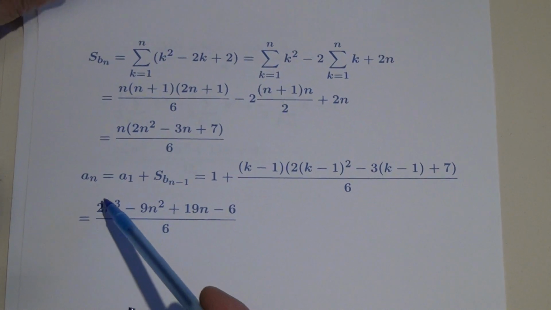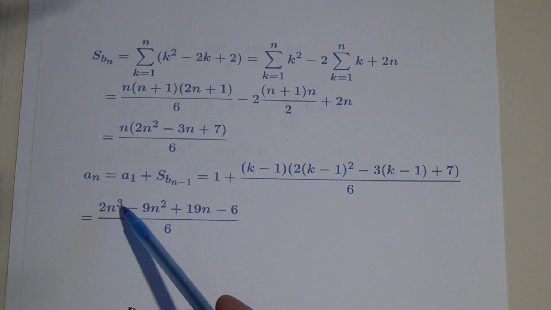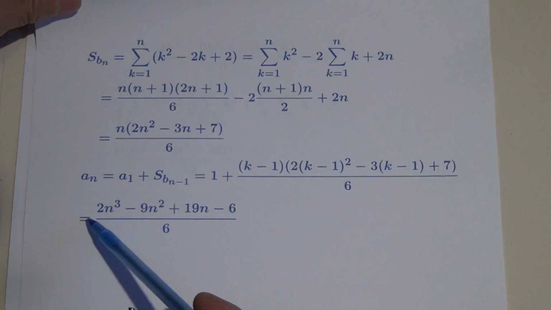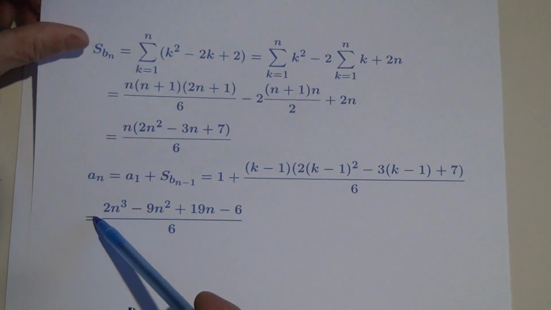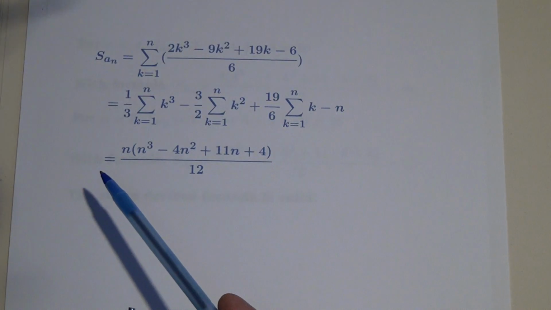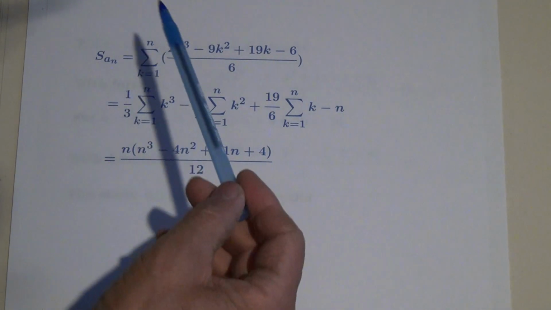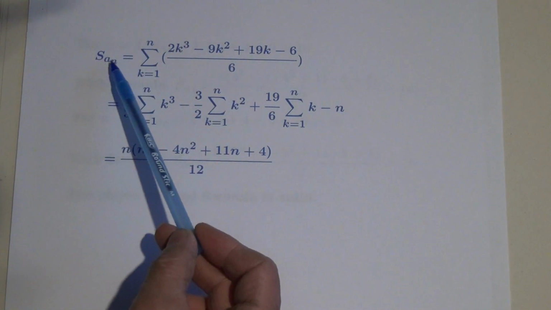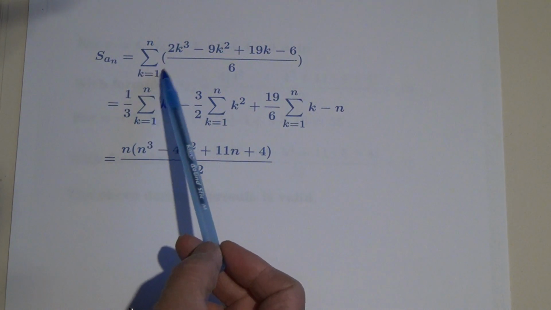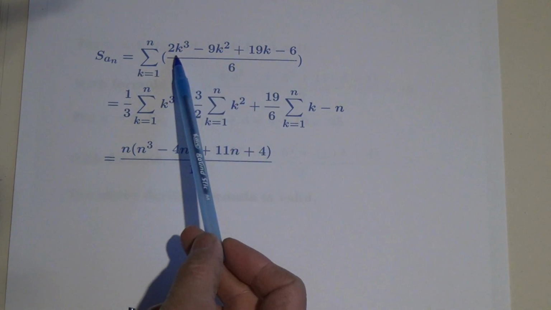Now, once we have a general term, we just put sigma notation here, then we can get the sum of the sequence. So for the sum of a primary sequence, you just put sigma notation on the general term.